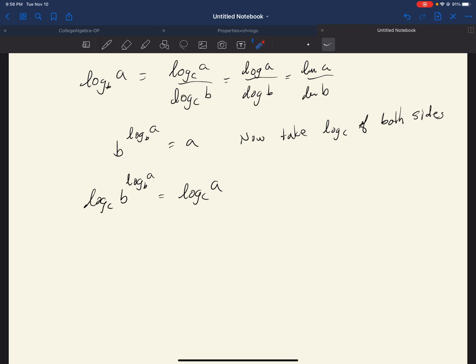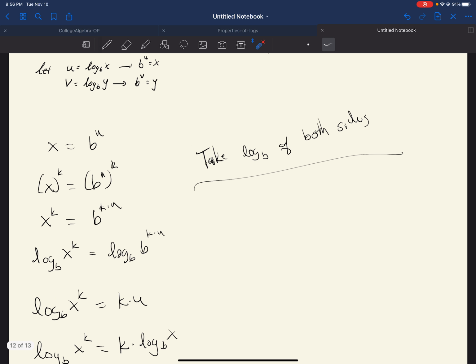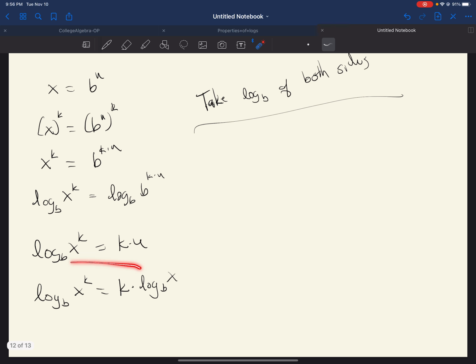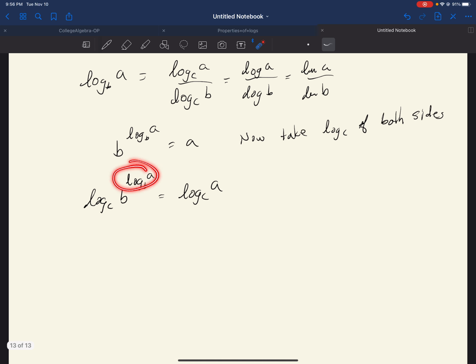And then here's something really cool that happens. Since I just proved that when you have log base b of anything to a power, that power pulls down in front and sits right there. So now there's my power. That should pull down in front. So what I get is log base b of a times log base c of b equals log base c of a.